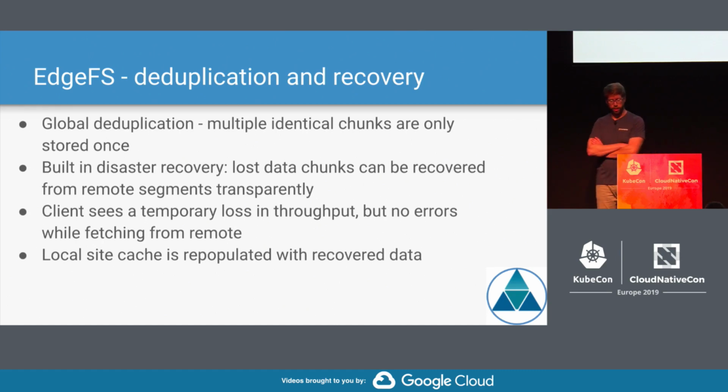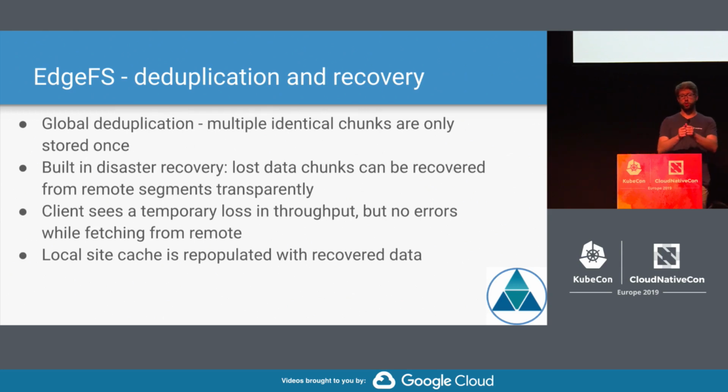And then another cool thing that EdgeFS does inside of Rook is that it's got built-in disaster recovery. So if you lose some data on one EdgeFS site or one EdgeFS cluster, you can recover or fetch it from another cluster, completely transparently to the client or to the user.